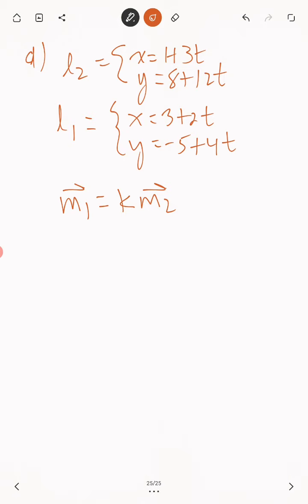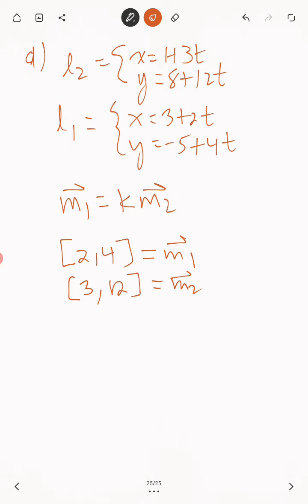So the direction vectors are, m1 is (2, 4), and m2 is (3, 12), and I'm getting this from the parametric equations. The numbers that are multiplied by t, those are the components of the direction vectors.